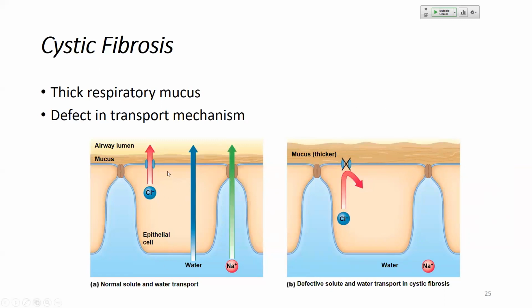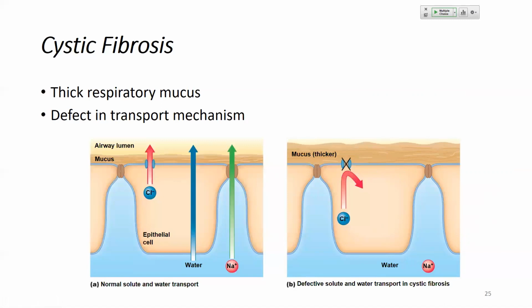Having a defect in this chloride channel, we cannot pump chloride out of the cell to make this area more salty or have a higher osmolarity. Because we cannot do that, we do not have a gradient where water wants to move. What we end up with is a thicker, more sluggish mucus, which clogs the respiratory airway and is responsible for many respiratory infections, lung infections, and so on.